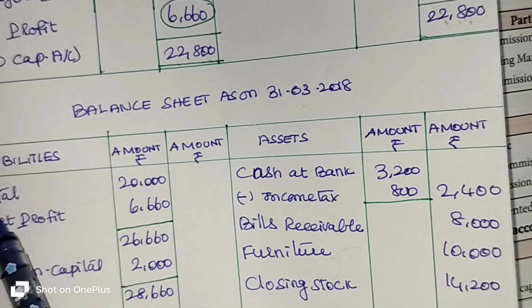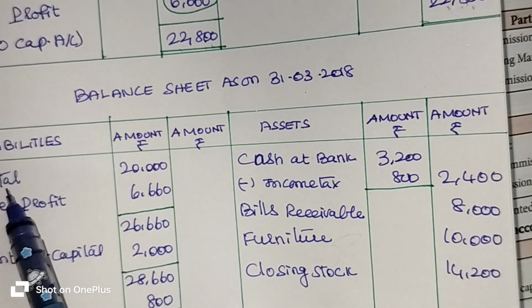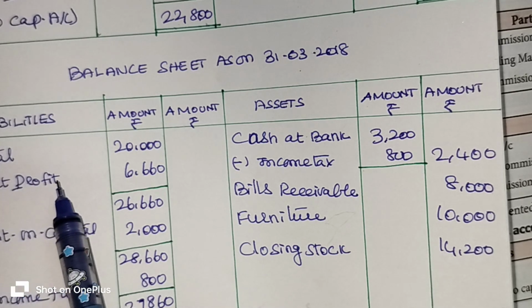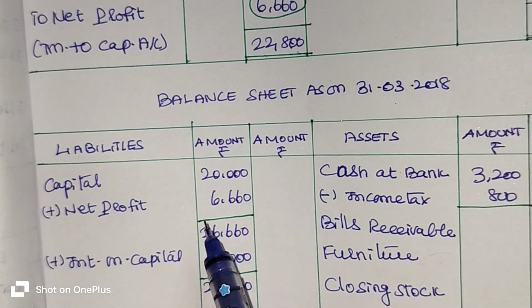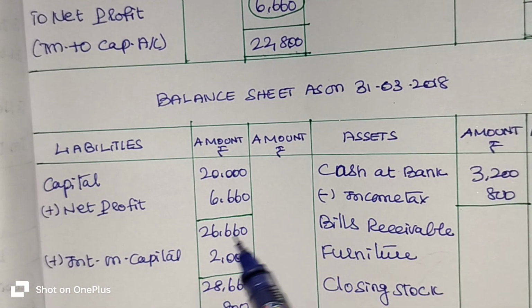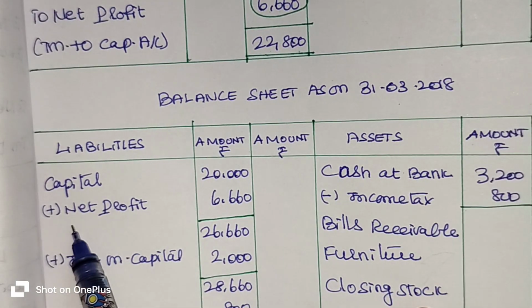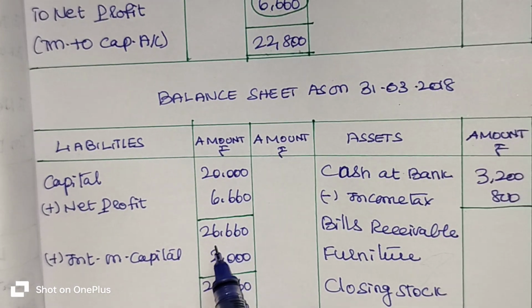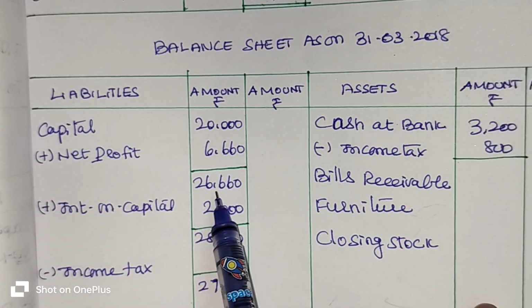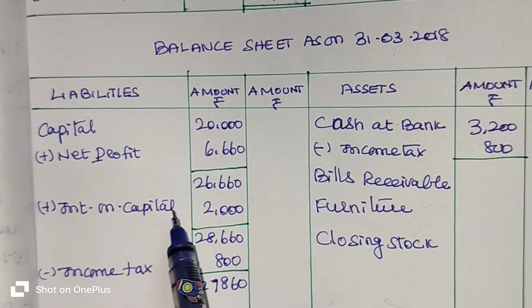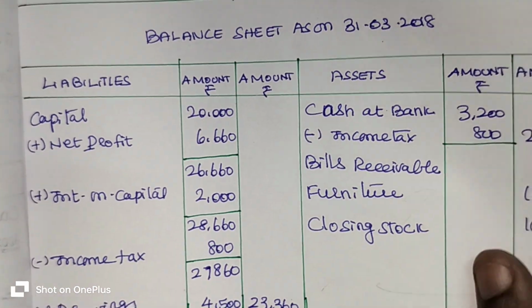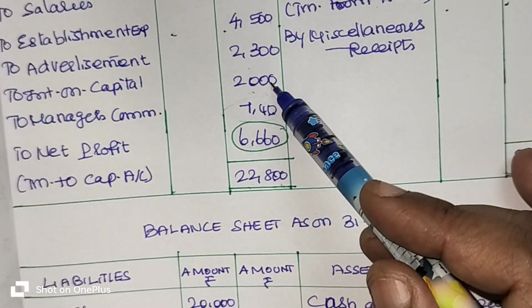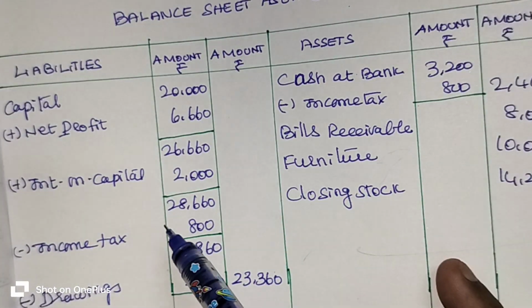Let's go for the liability side. Always start with the capital. As per the format, we start with capital 20,000. Then with capital we add net profit and we get 26,660. To that amount we add interest on capital, 10% means 2,000 rupees.